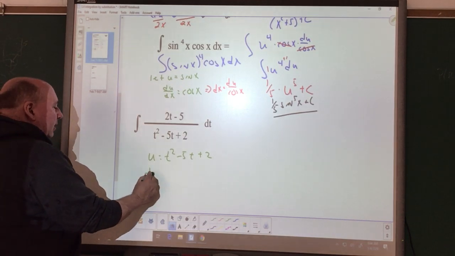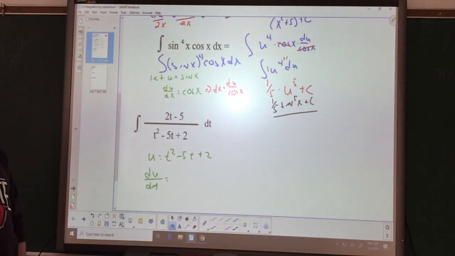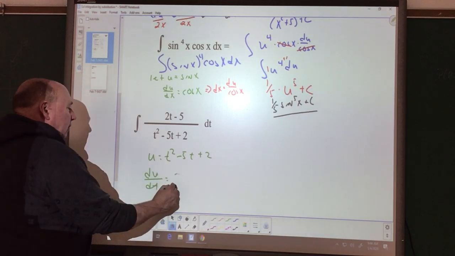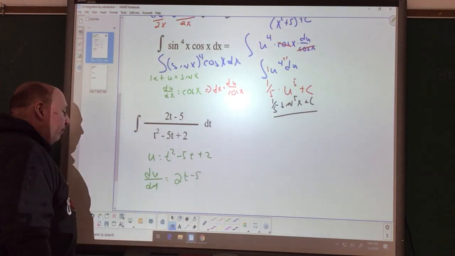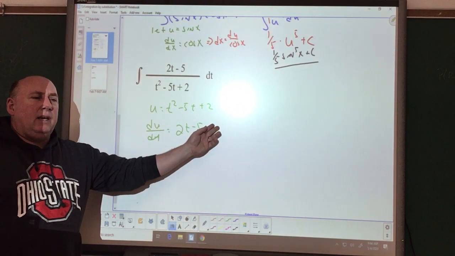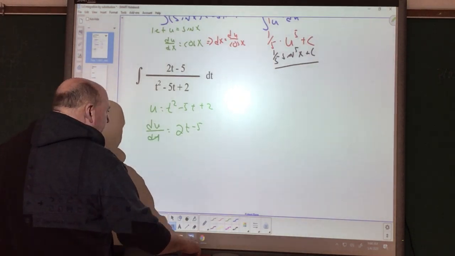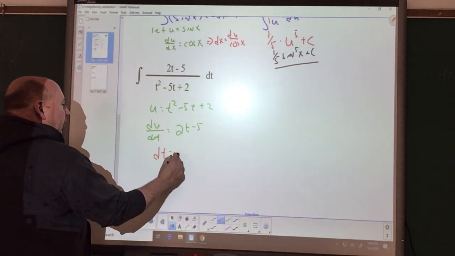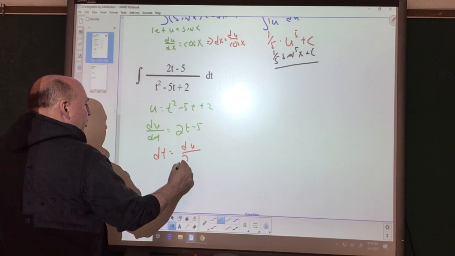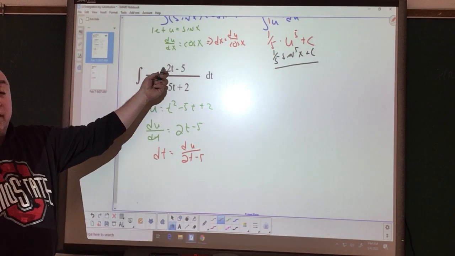So go ahead, du dt, taking our derivative here, comes down to 2t minus 5. And once again, we're going to multiply by dt, but then divide by the 2t minus 5. So dt is going to equal du over 2t minus 5, which so happens to be in our numerator.